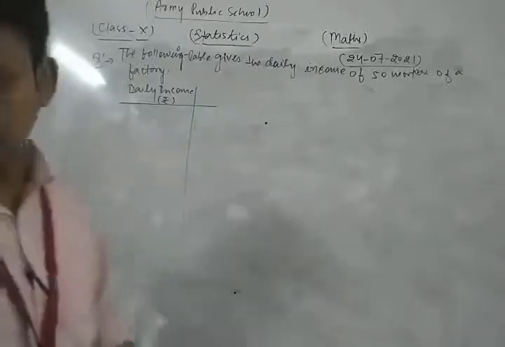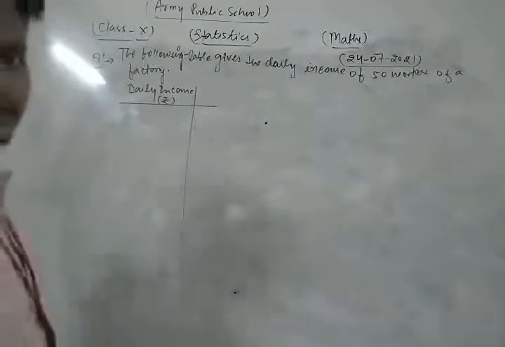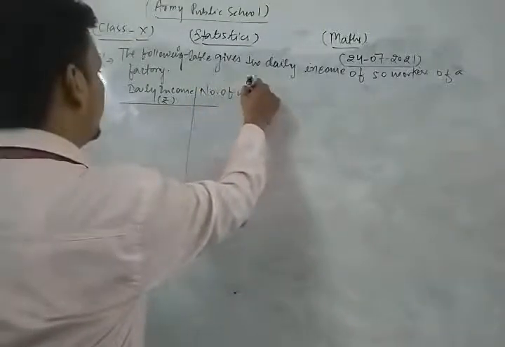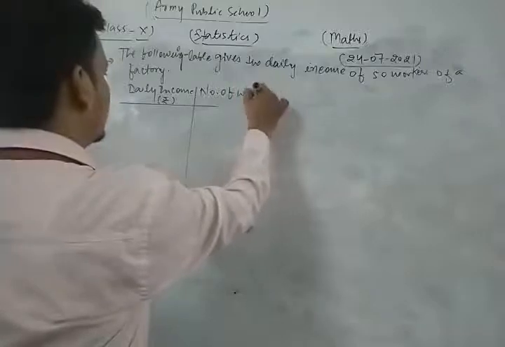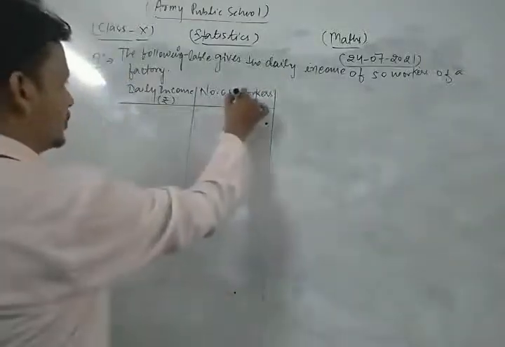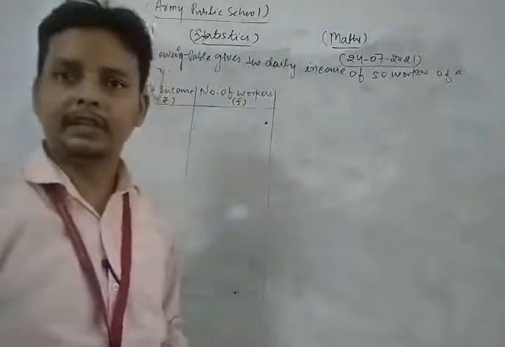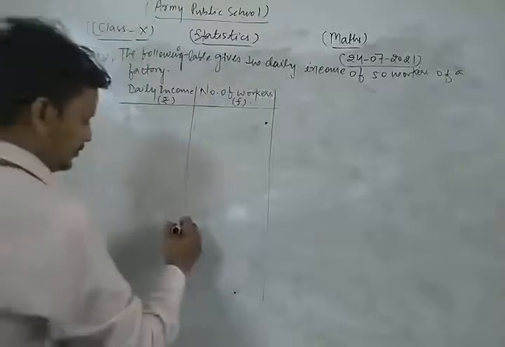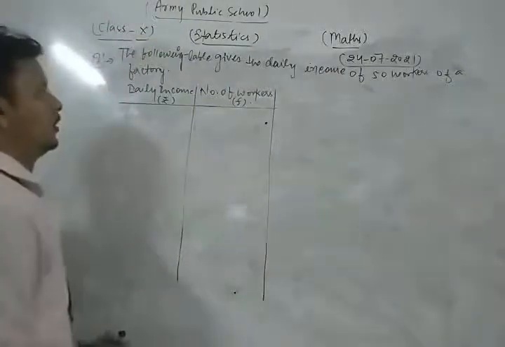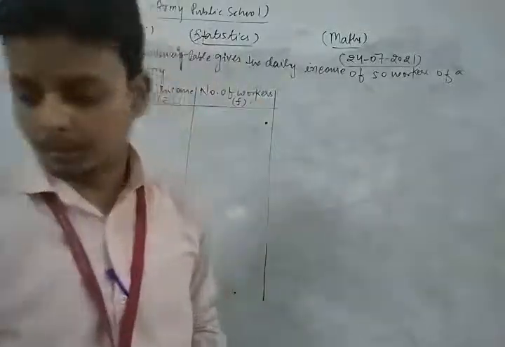Daily income and number of workers, that is, the corresponding frequencies, are already given in the tabulation. Now look.